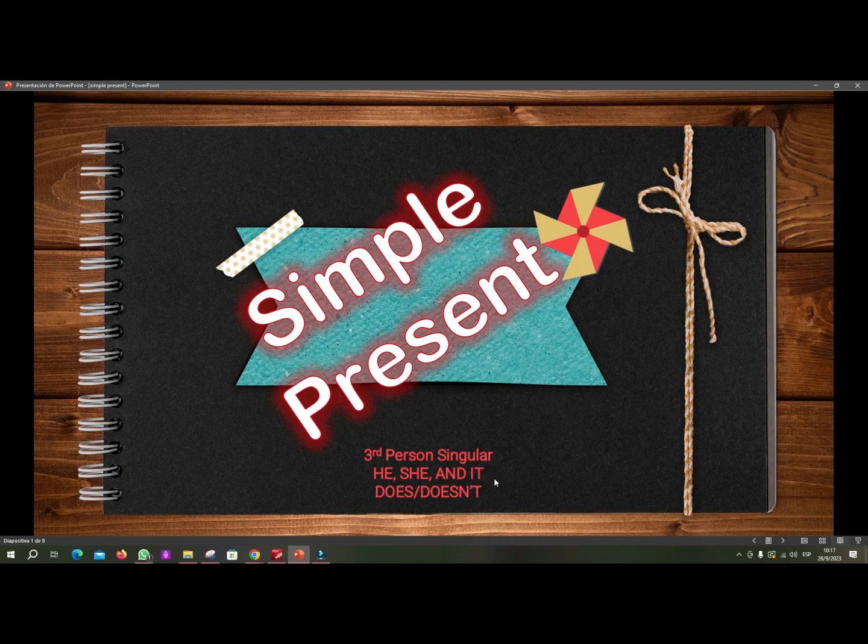Para ello nosotros vamos a utilizar el auxiliar does cuando sean preguntas y doesn't or does not cuando sean oraciones negativas. Pero ya pronto vamos a ver las reglas y cómo vamos a utilizarlos, ¿ok?